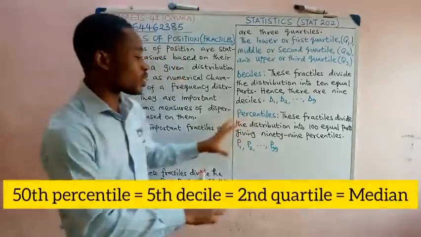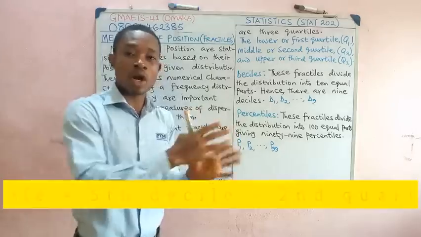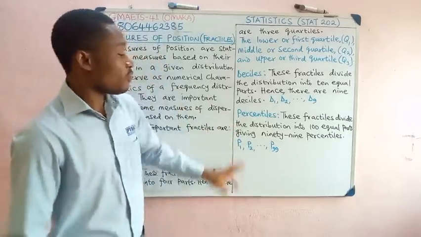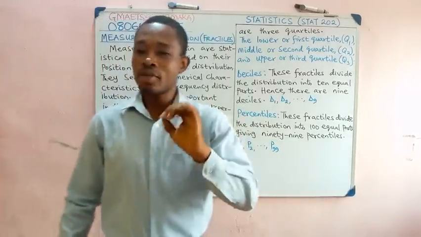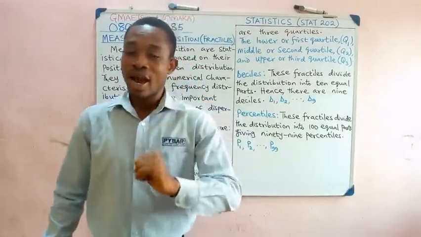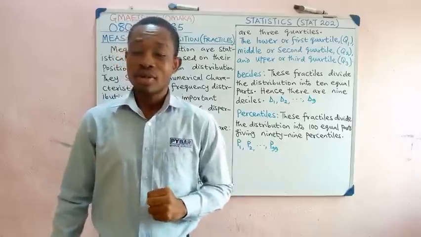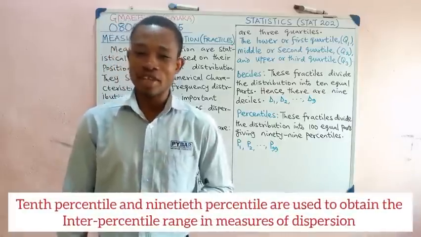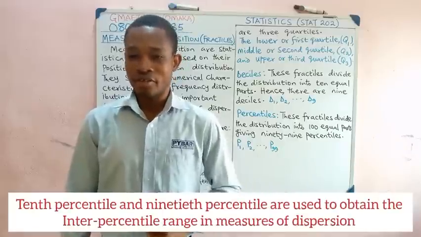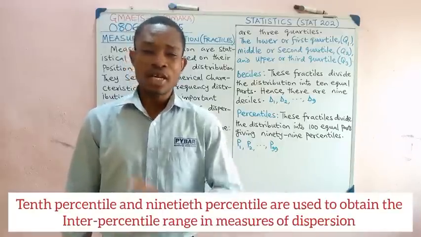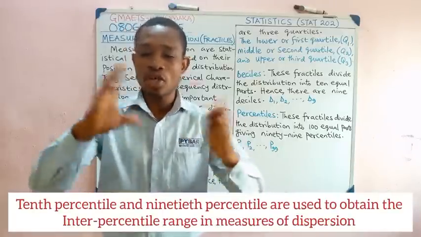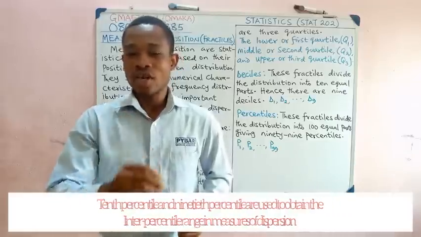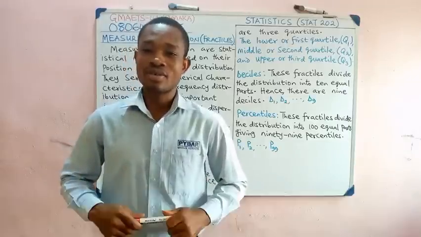Because of the importance of these measures of position in measures of dispersion, for percentiles, we are going to be interested in P10 and P90, because these 2 percentiles are used to obtain our interpercentile range under measures of dispersion. In the next video, we are going to see the general formula for fractiles and then take some questions under them.